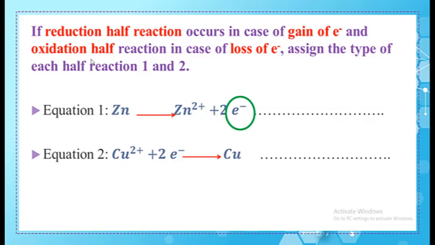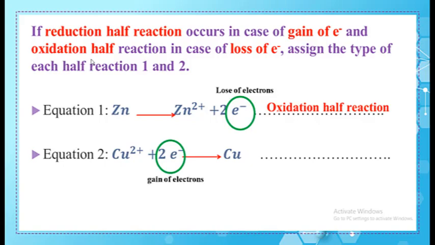This means that there is loss of electrons, so the type of reaction is oxidation half reaction, whereas in equation 2, the 2 electrons are present at the beginning of the reaction, so there is gain of electrons, and the equation is called reduction half reaction.